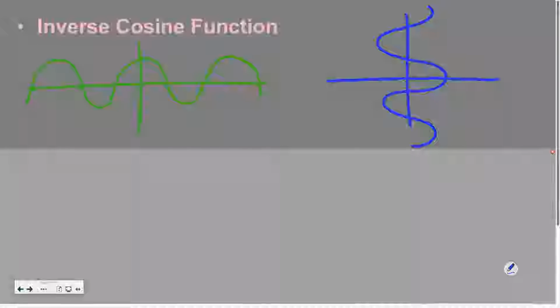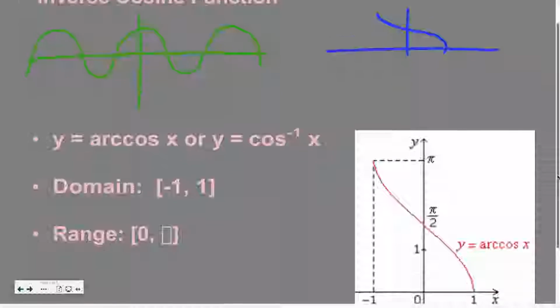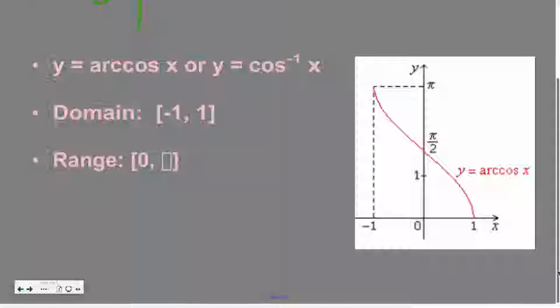Is that a function? No. It's not a function. We have that same issue. So if we erase pieces of it to where we have a unique chunk that doesn't repeat, we're left with this. I know you don't really care about the graph, but this is what we need to know about inverse cosine.